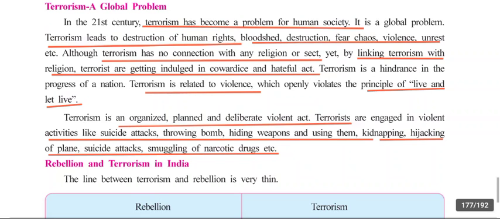Terrorism is a hindrance in the progress of a nation. Terrorism is related to violence, which openly violates the principle of live and let live. जियो और जीने दो. Terrorism is an organized, planned and deliberate violent act. ये एक प्लान होता है, उसको ऑर्गेनाइज करने में आता है और वो जानबूझकर किया जाता है. कोई ऐसा गलती से ऐसा नहीं बोल सकता कि वो गलती से मैंने बॉम्ब डाल के बिल्डिंग को उड़ा दिया.